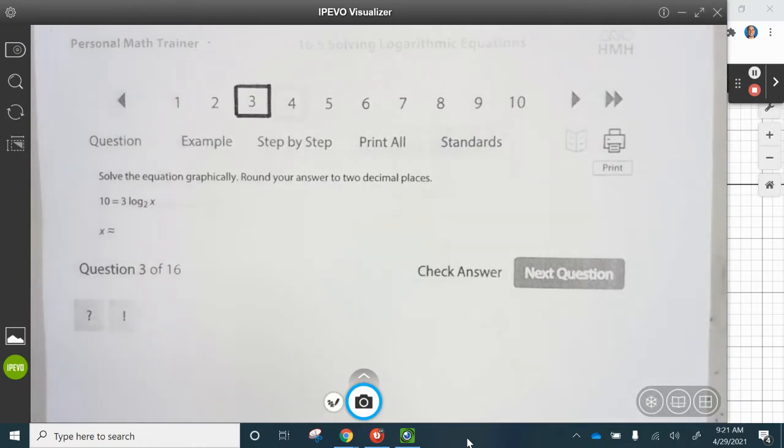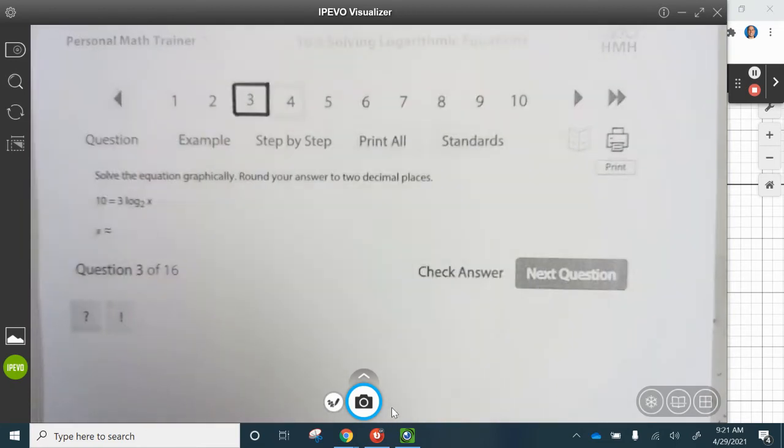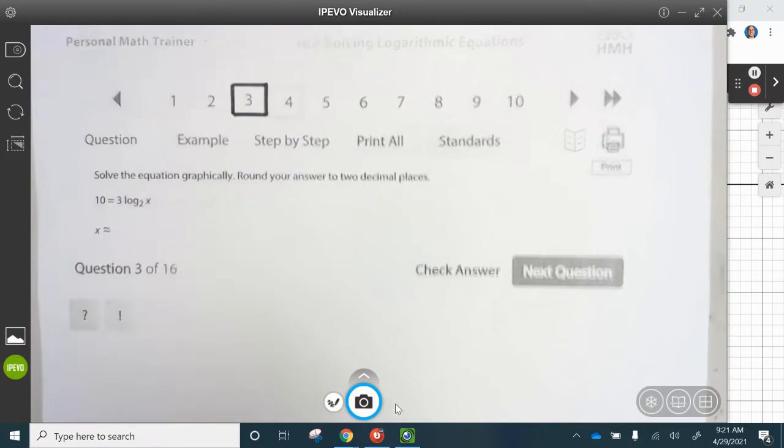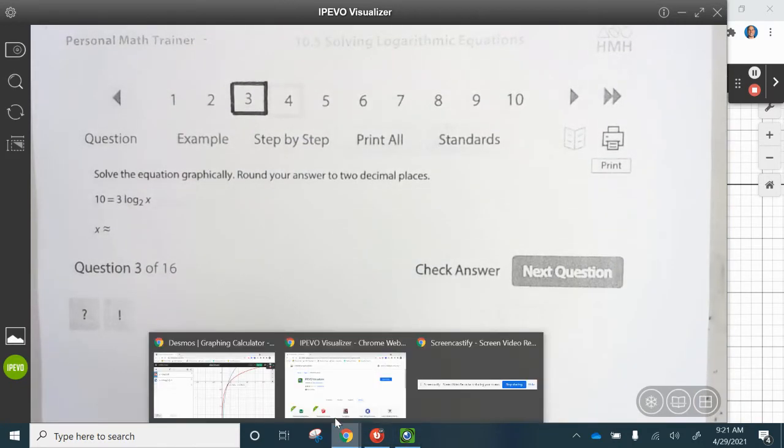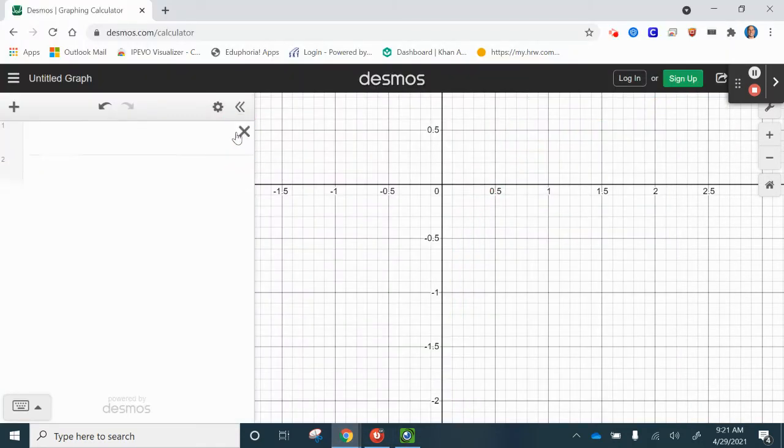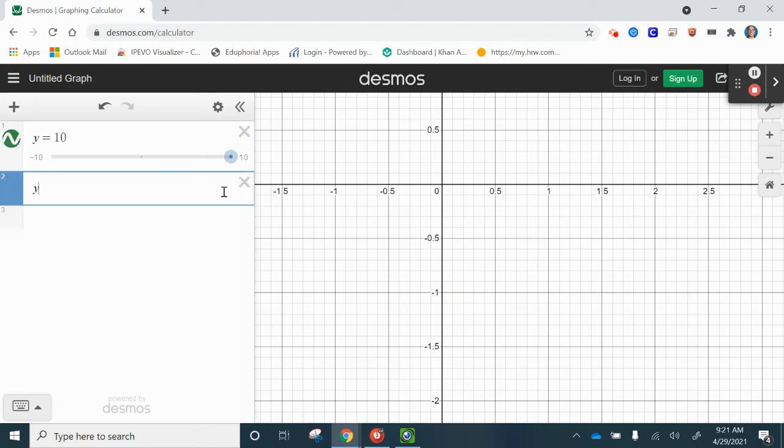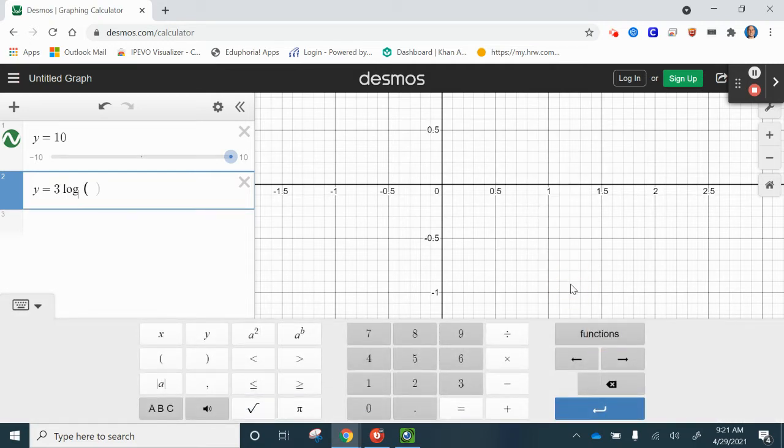All right, question 3 of 16. Solve the equation graphically, round your answer to 2 decimal places. All right, we're going to go again to Desmos. Let's exit out of here. We're going to graph y equals 10 and y equals 3 log base 2 of x.